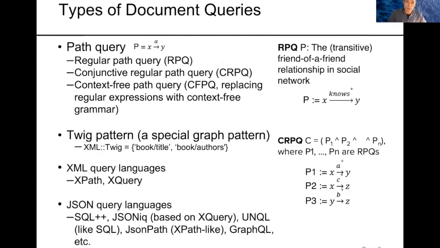Typically, there are two types of document query. The first one is path query. The second one is tree pattern query. Actually, tree pattern query is a special case of graph pattern, which we'll discuss later.